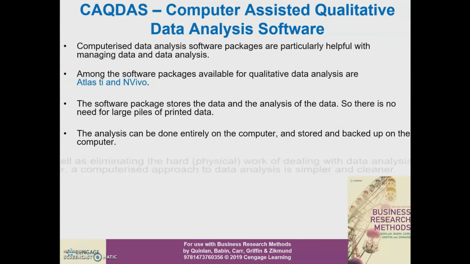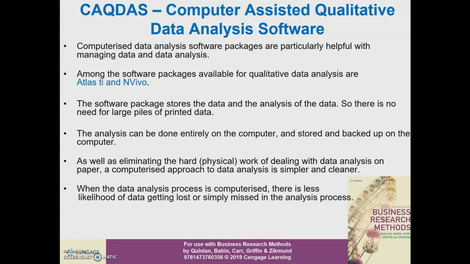So next, we look at specific software which is used for qualitative data. It's called Computer Assisted Qualitative Data Analysis Software, and the popular ones are Atlas TI and NVivo. This software package stores the data and the analysis of the data, so there is no need for large piles of printed data.